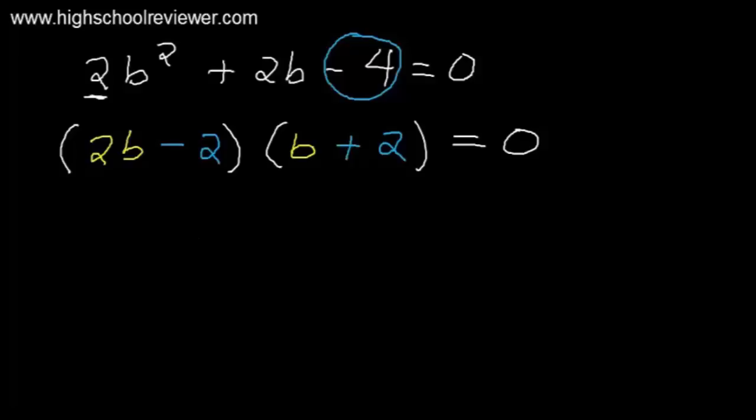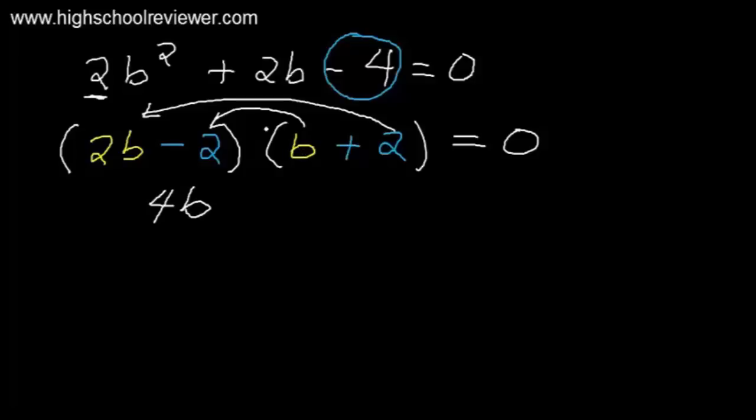if the sum of the outside terms, so this will be the outside terms, and the inside terms will be equal to positive 2b, then these are the correct factors. Okay, so let us check. 2b multiplied by positive 2 is equal to positive 4b.